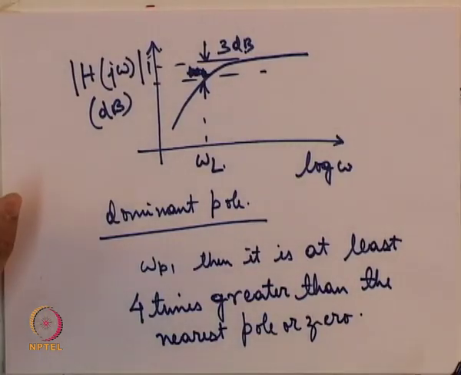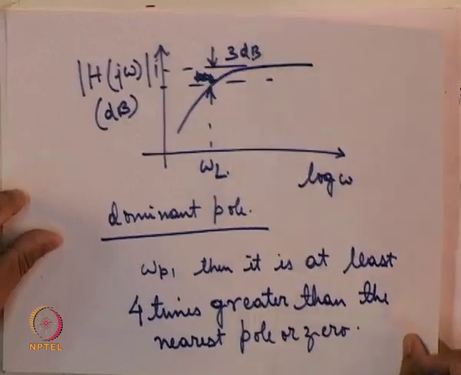That is what a dominant pole means. So, if such a pole exists, then can we find a formula for omega L in terms of that dominant pole? Let us see.